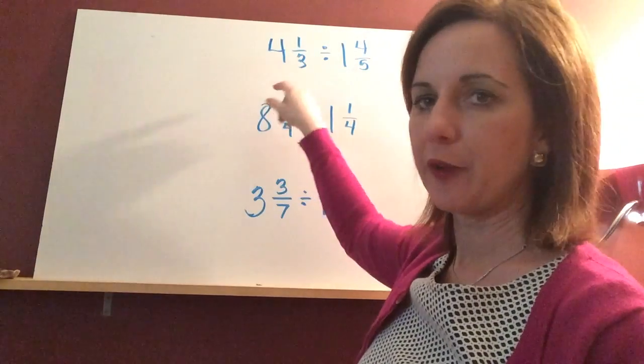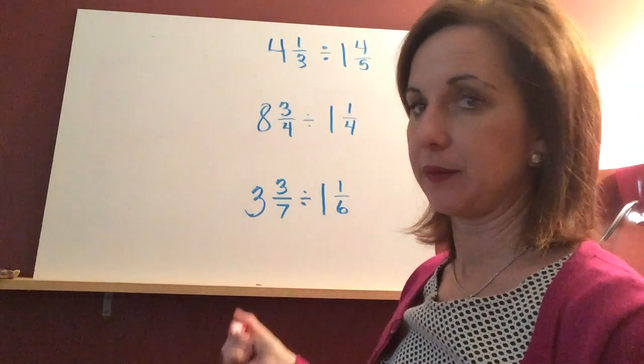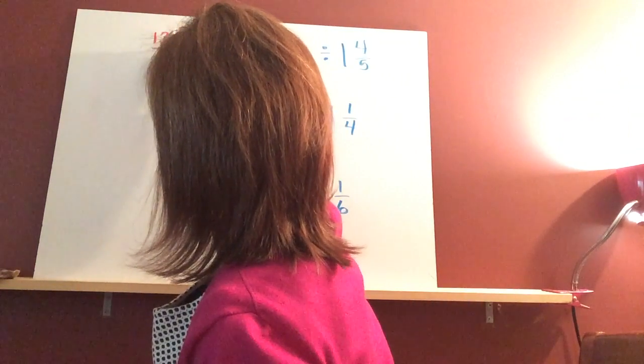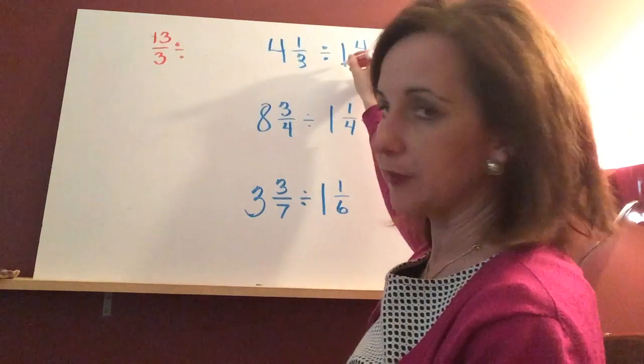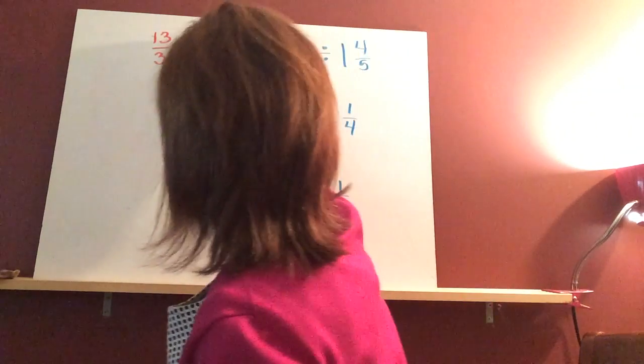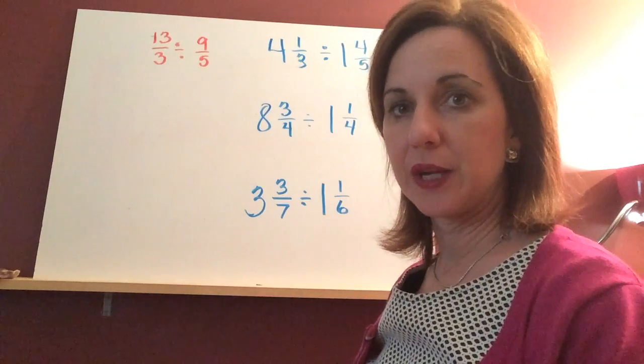We're going to rewrite these problems as fractions instead of mixed numbers. So 13/3 divided by 5 times 1 is 5 plus 4 is 9, 9/5. That is my fractionized step.